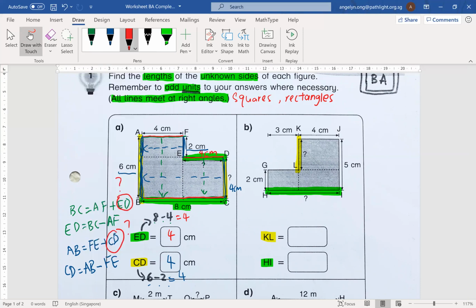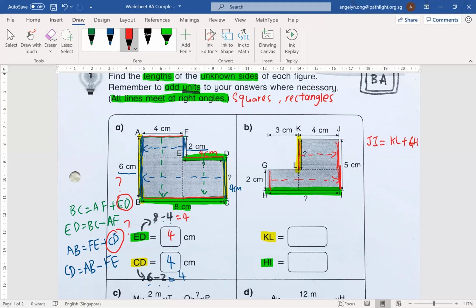KL, I can bring it over to the right and it will fit this part of JI. So KL is a part of JI. And I can see that GH, if I bring it to the right also, it will make up the other part. So actually, the line JI is equal to KL plus GH.